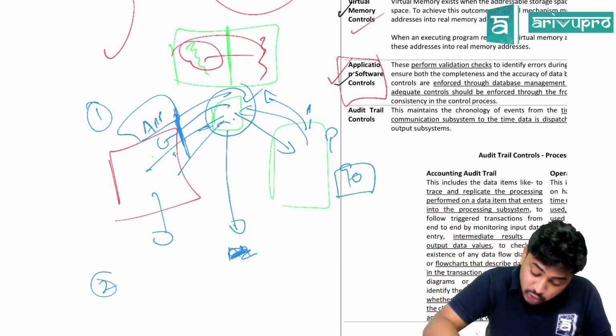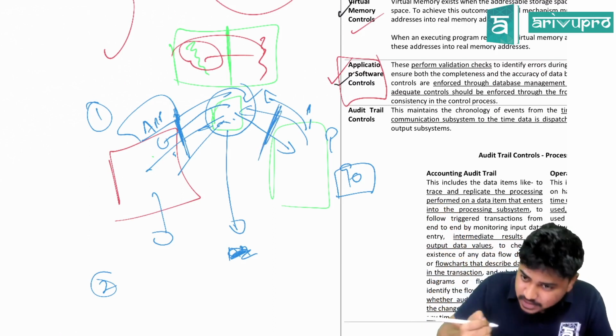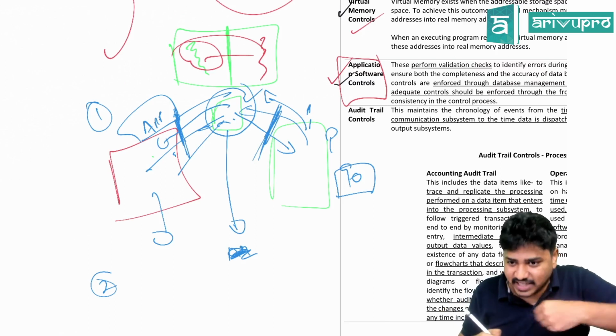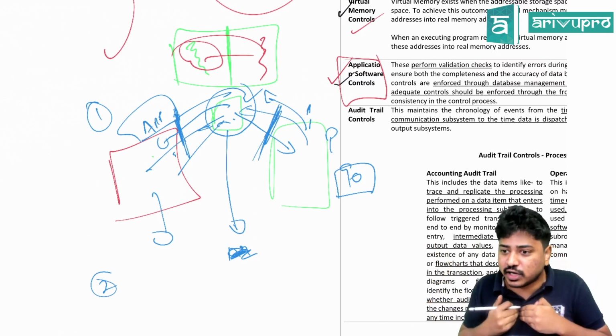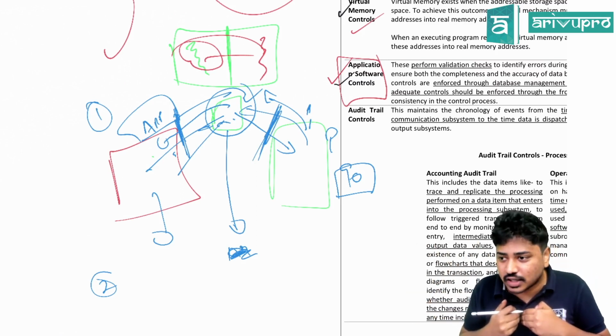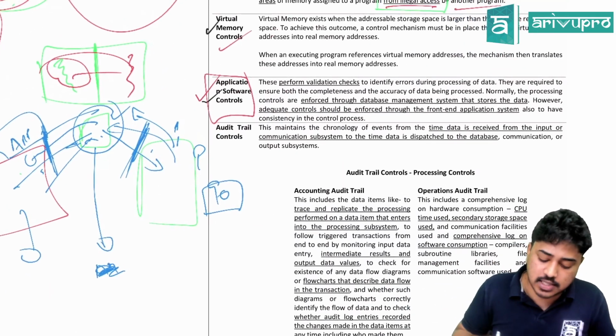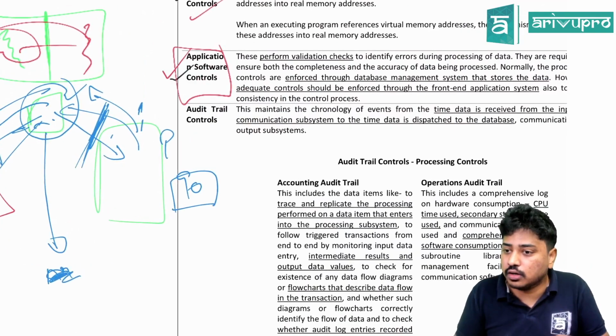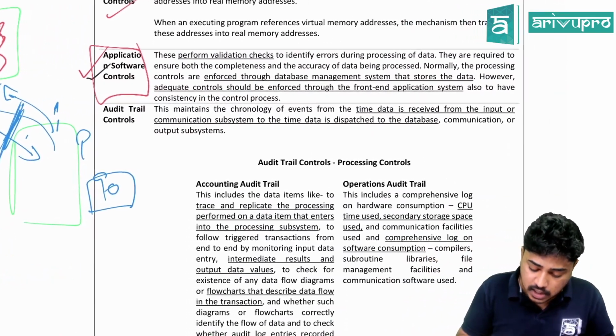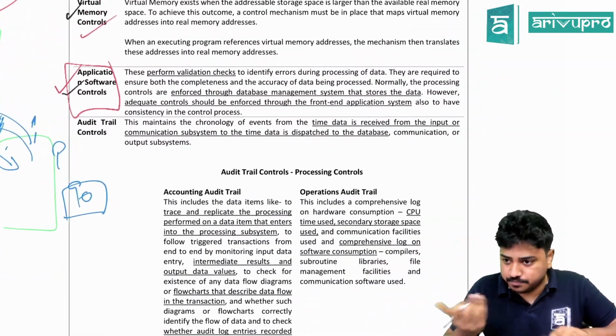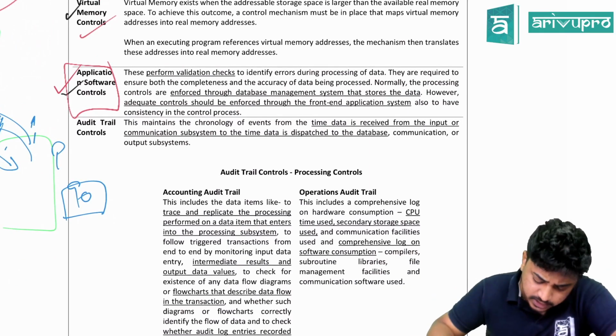What is this? So you can have a control here also in the database, because the information I sent should only get back to me, right? That is what we call application software control. Can we read through it, and then if you have further doubts, we'll see.